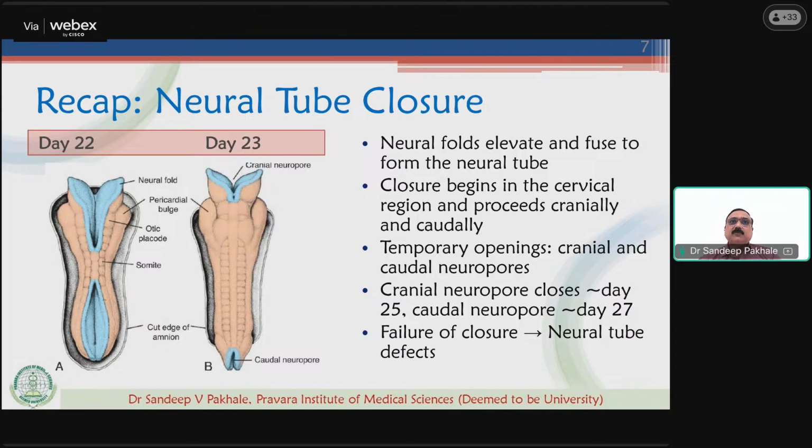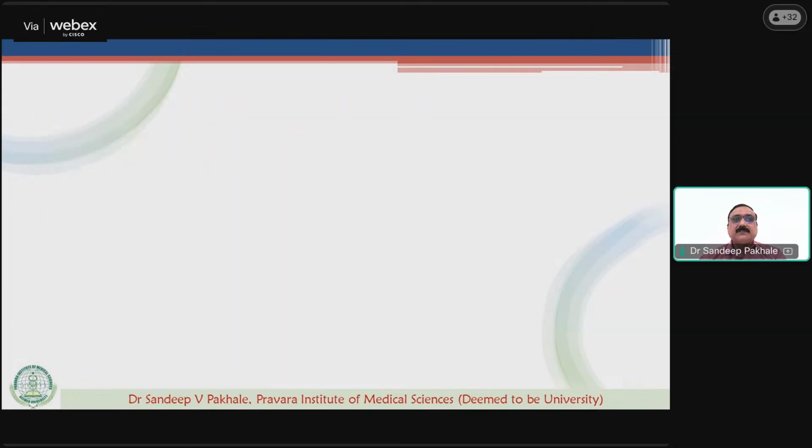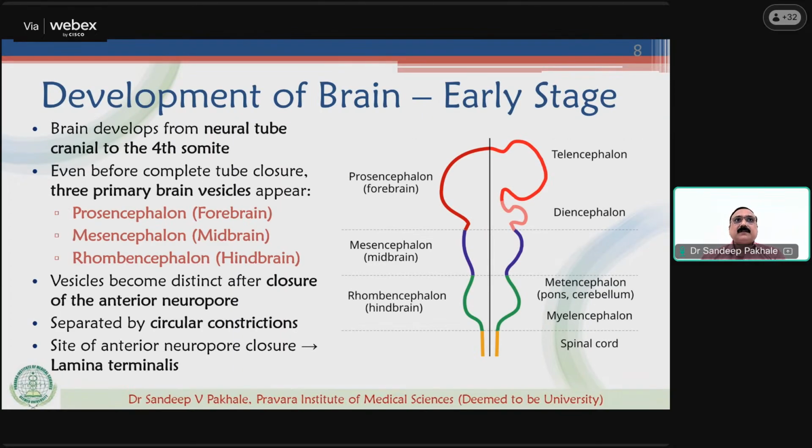For a short period, the tube remains open at both ends as cranial and caudal neuropores; this is the cranial neuropore and this is the caudal neuropore. The cranial neuropore closes at about the 25th day, followed by the caudal neuropore at around the 27th day. Clinically, failure of closure at these ends leads to neural tube defects that we have already seen. Now coming to further development.